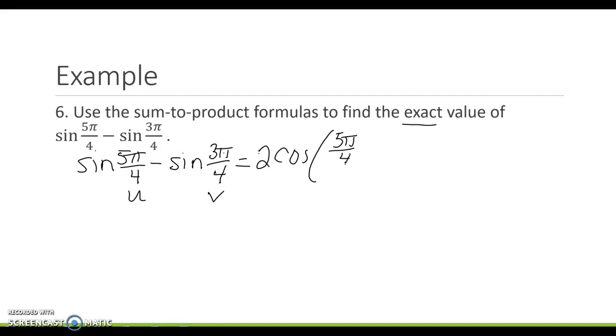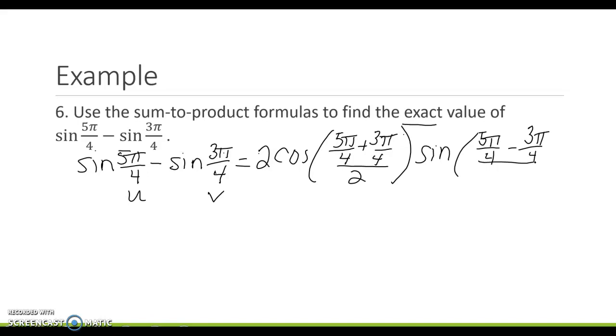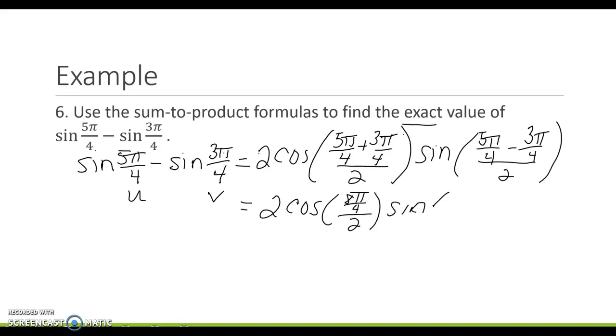of (5 pi over 4 plus 3 pi over 4), all divided by 2, times sine of (5 pi over 4 minus 3 pi over 4), all divided by 2. And now I just need to simplify. So I get 2 cosine. That would give me 8 pi over 4 in the numerator, divided by 2, sine 2 pi over 4 divided by 2.